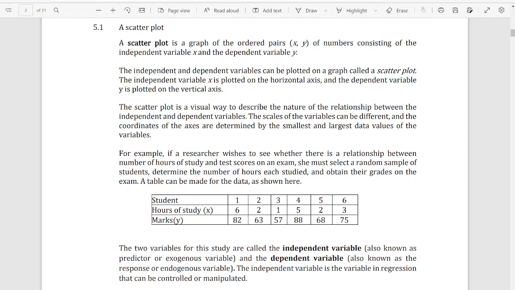Okay, in this case, we are dealing with a two-dimensional scatter plot whereby kita hanya ada dua paksi sahaja, iaitu paksi X dan paksi Y, di mana paksi X mewakili independent variable, meanwhile paksi Y, the Y axis refers to the dependent variable.